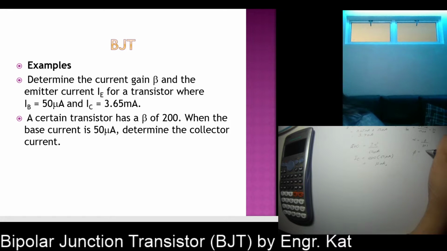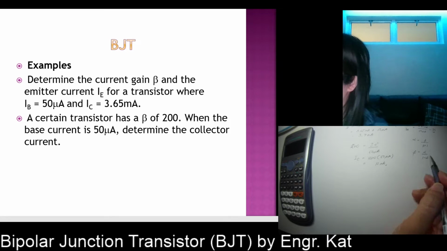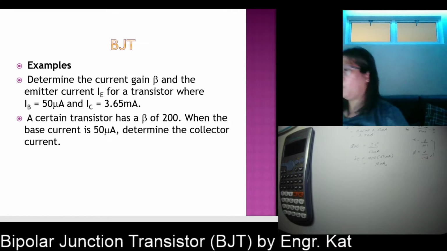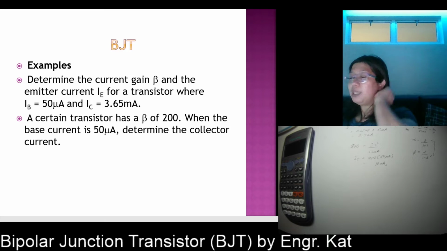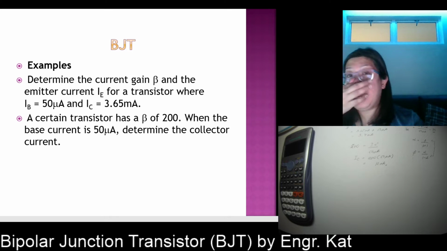So this is given by alpha divided by 1 minus alpha. This will give you a value that is greater than 1, and that corresponds to your beta. You have to remember these two relationships because you will be needing them when beta is given and you wanted to connect your transistor in a common base configuration.